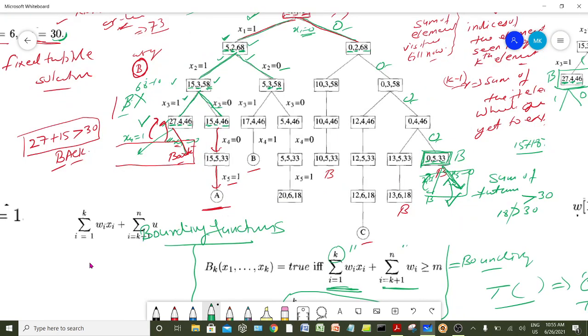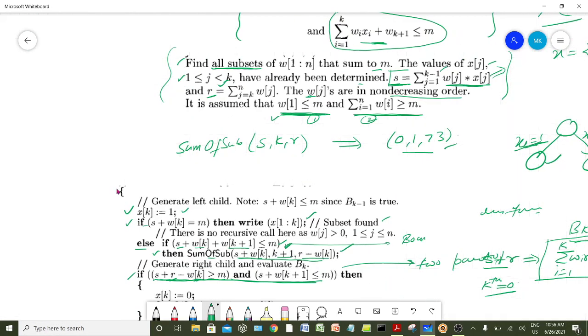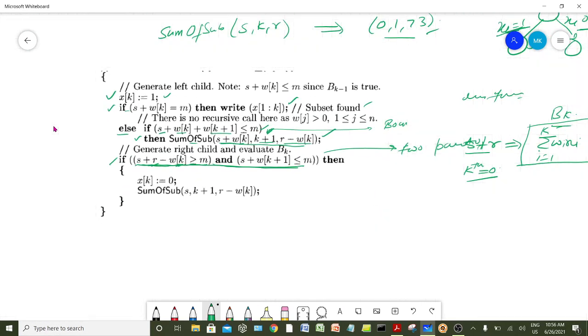Try to map it to this node, this one, along with this one. One of them is going to satisfy this part, most probably this one. So this is the condition making sure that if the item was excluded, then the total remaining sum should be greater than or equal to m.